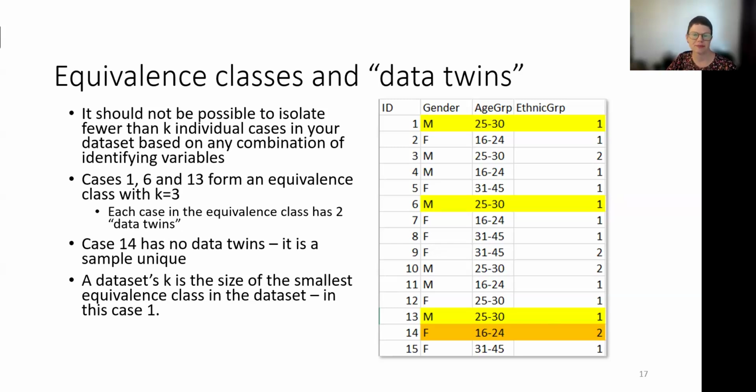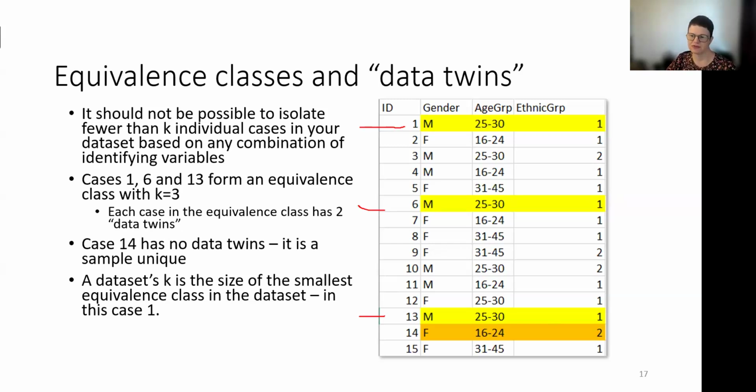Each person must have at least 4 data twins on the quasi-identifying variables you're looking at. So in this example, cases 1, 6, and 13 form an equivalence class with k equal to 3. These 3 people are data twins.